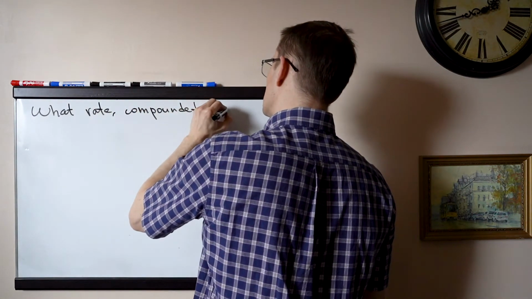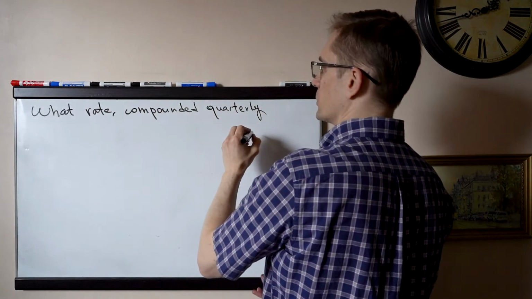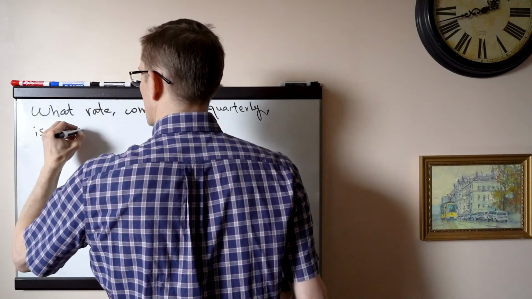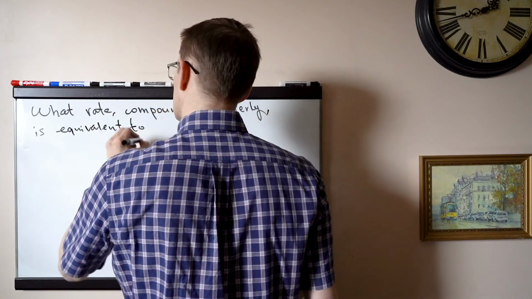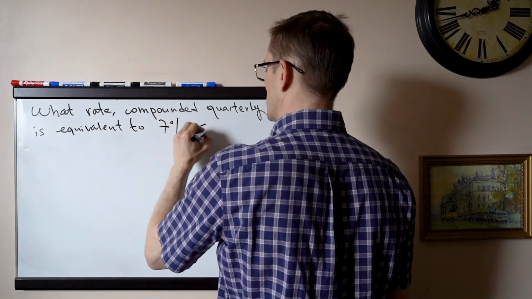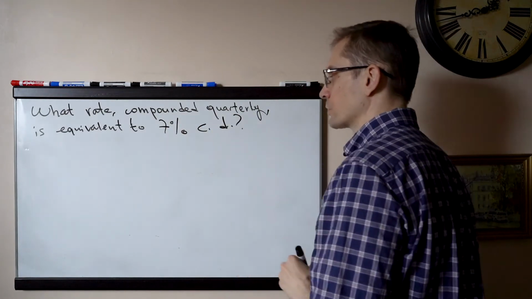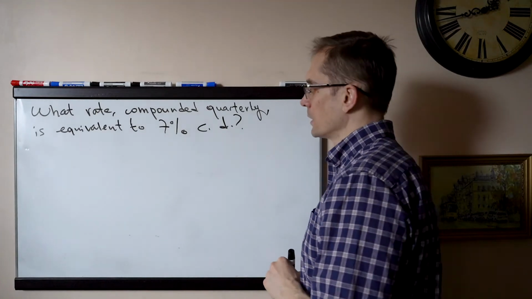What rate compounded quarterly is equivalent to 7% compounded daily. So what rate compounded quarterly is equivalent to 7% compounded daily.